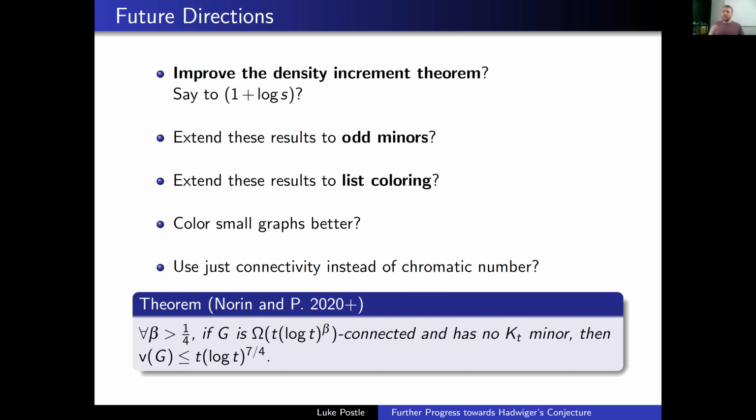So you could hope that some similar thing is true here, that if you're t log t to the 6th connected with no K_t minor, the number of vertices is just small, so you could just use the small graphs lemma. But I wasn't able to do that because I couldn't figure out how in connected graphs to find these right layers, either these recursive layers or these sequential nesting. So instead I used chromatic number to do that. So those are my future directions. It'd be nice if we did all these things. There's a lot more work to do, but I think these are the nice questions for now.